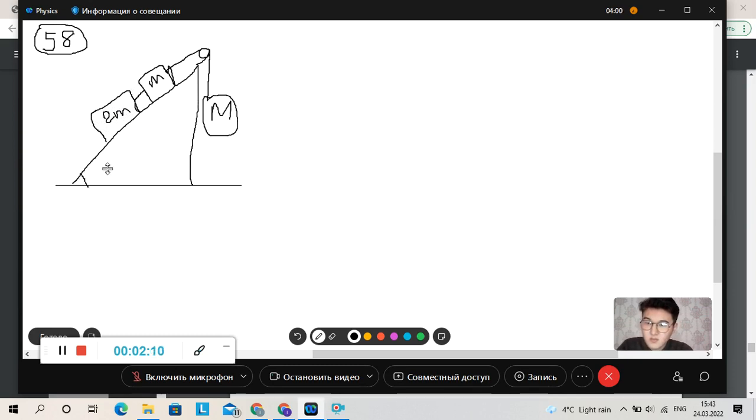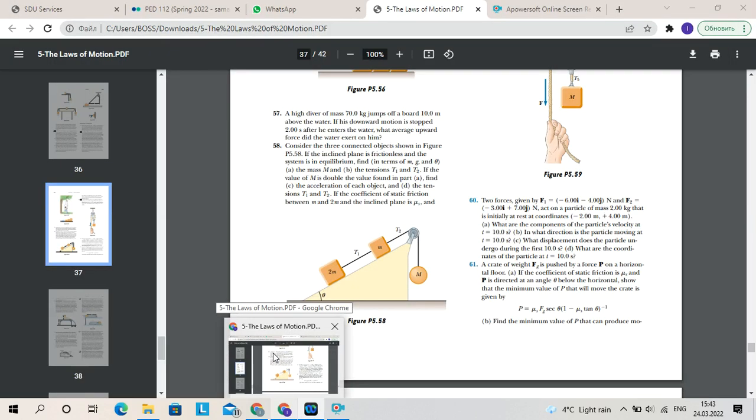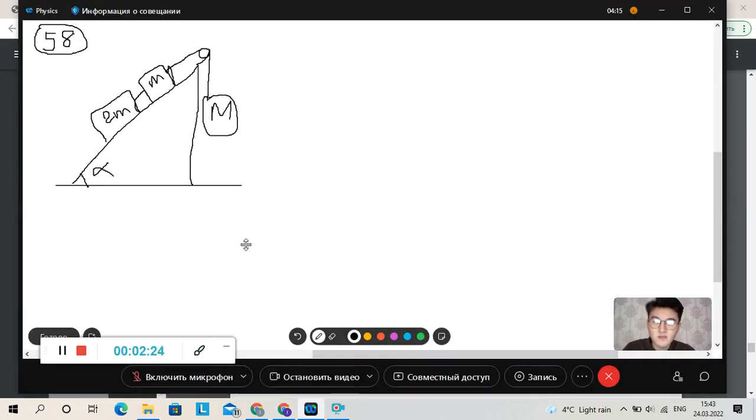Then we have the angle alpha, and in the first task A we need to find the mass of big M and T1, T2. If this is frictionless, then the acceleration will be 0.